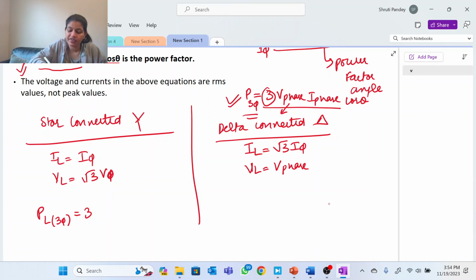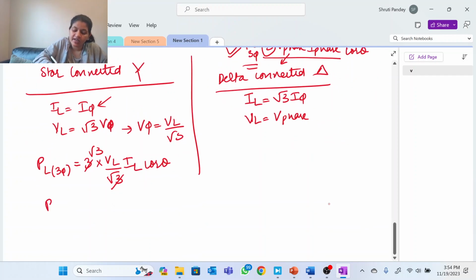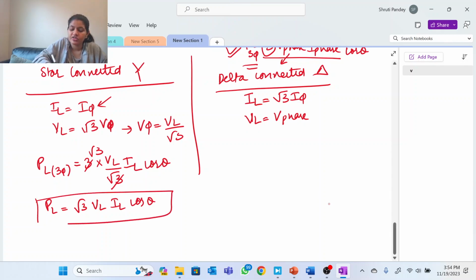So V phase will be equal to VL by under root 3. I phase is equal to IL cos theta. So this will be cancelled. So what is the value of power here? The line power is equal to under root 3 times VL IL cos theta, right? So this is the total 3-phase line power.